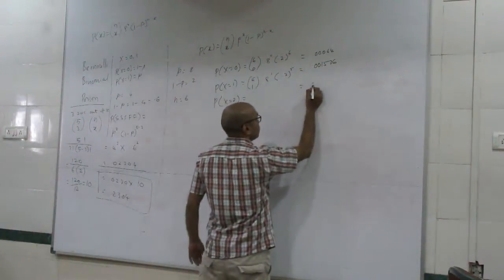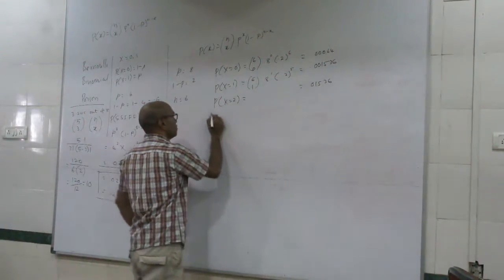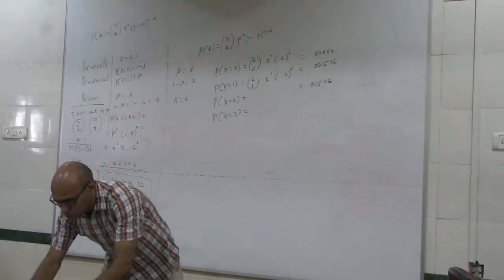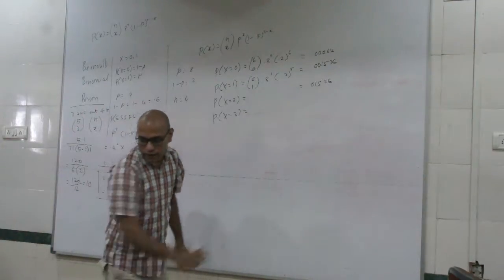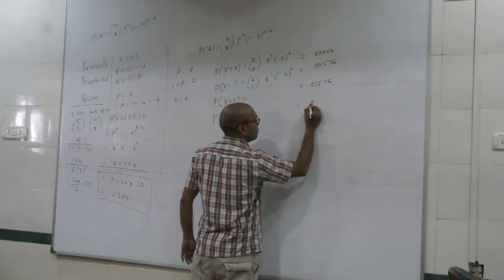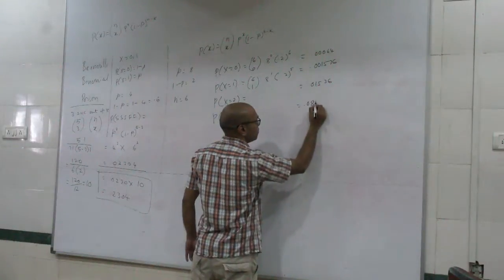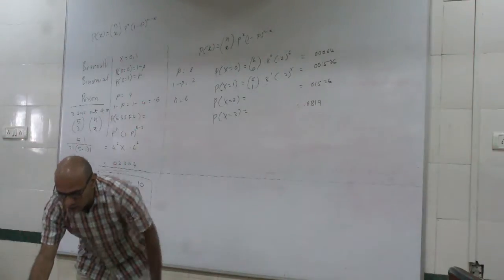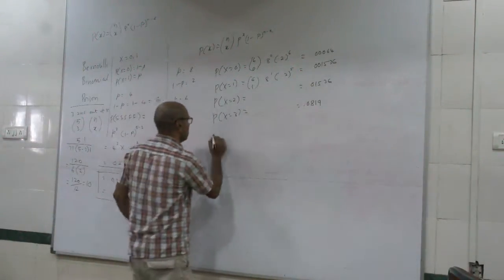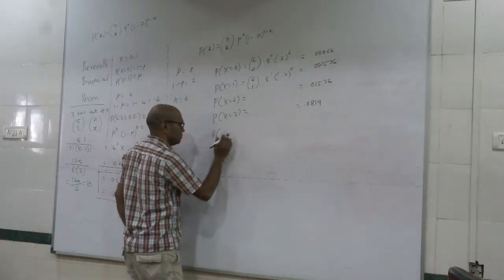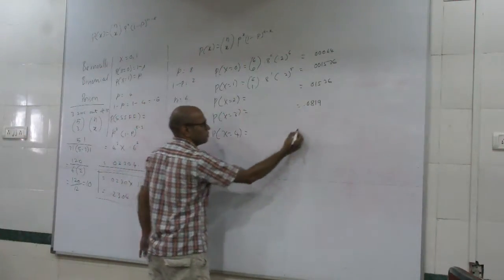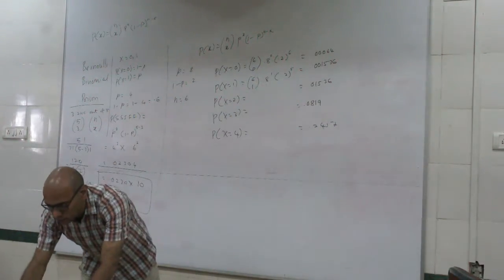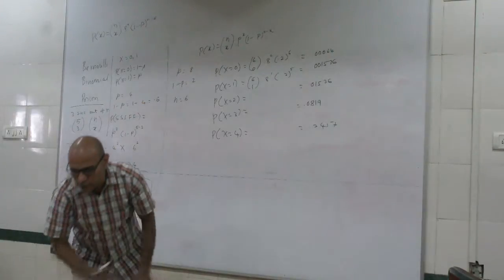0.01536. X is equal to 3 is 0.819. 4 successes is 0.2457, so X is equal to 4 is 0.2457, and X is equal to 5 is 0.3932.